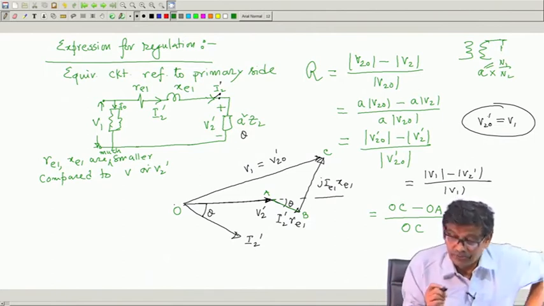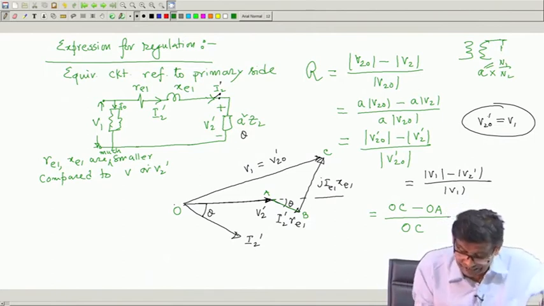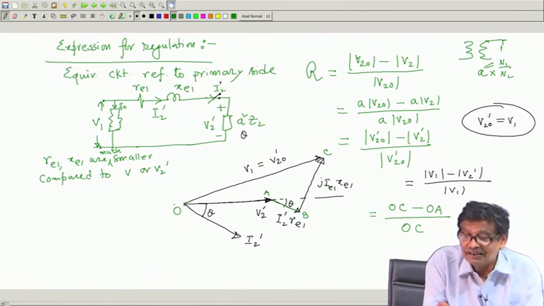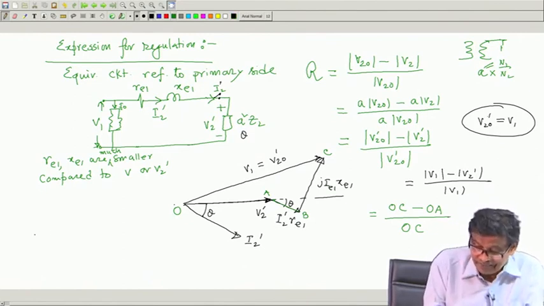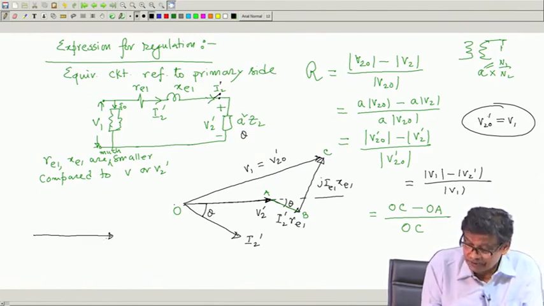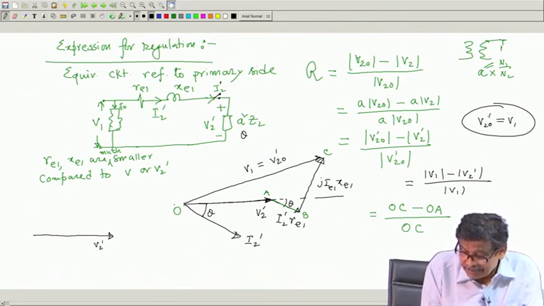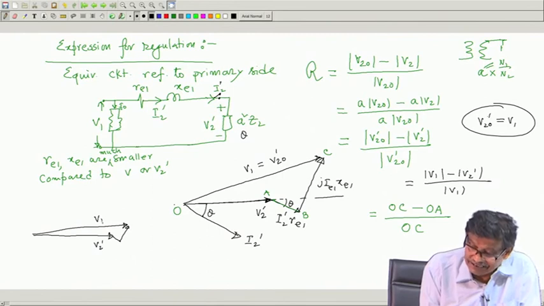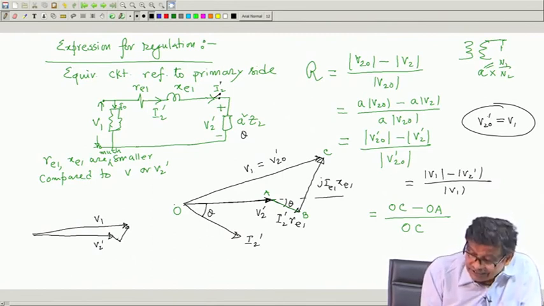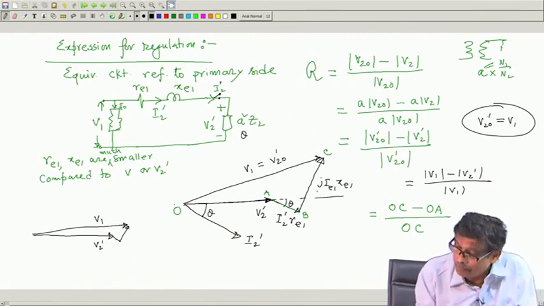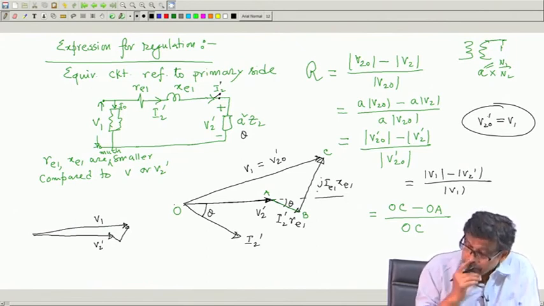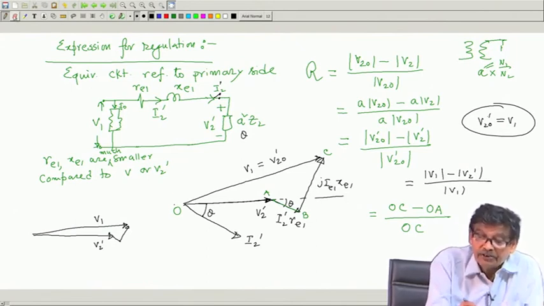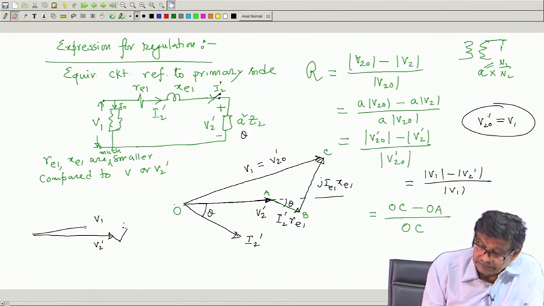That is, in other words, what I am telling, it will be something like this. If I draw it to the scale, maybe it will look like, if this is your V2 dashed, it will be like this. Are you getting? This is where I am making this. So, these lengths are really small compared to these lengths. So, you have got the idea.